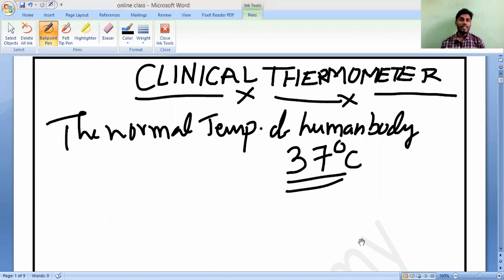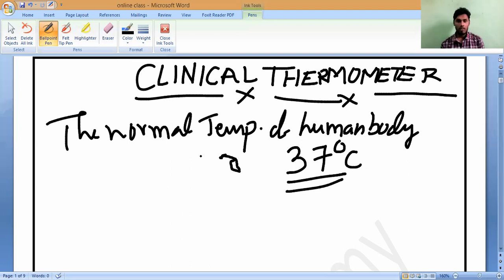Suppose when a person gets a fever, what will happen? Our body will feel hot.